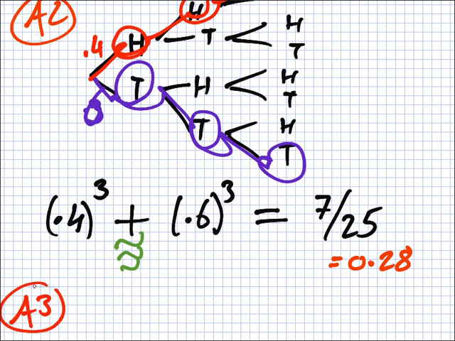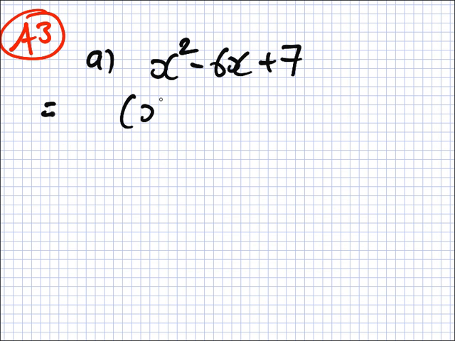A3 now. Part A. You had to complete the square. That's x minus 3 squared minus 2.